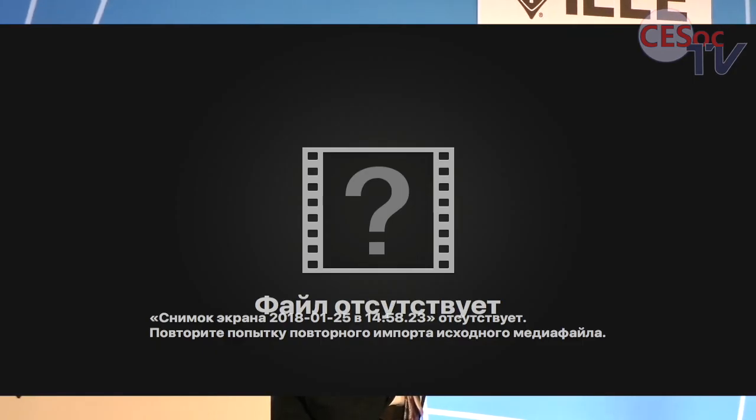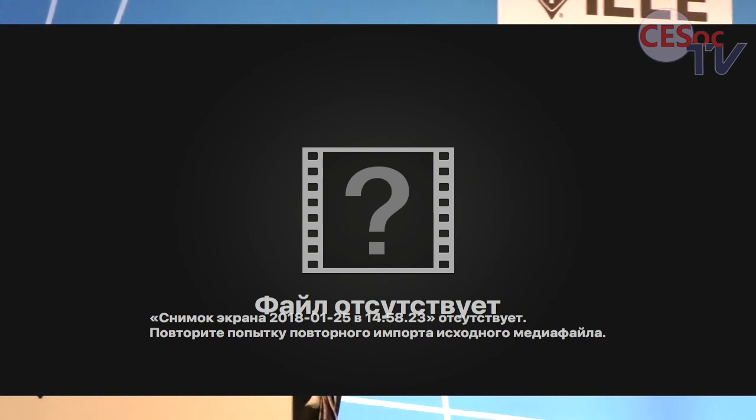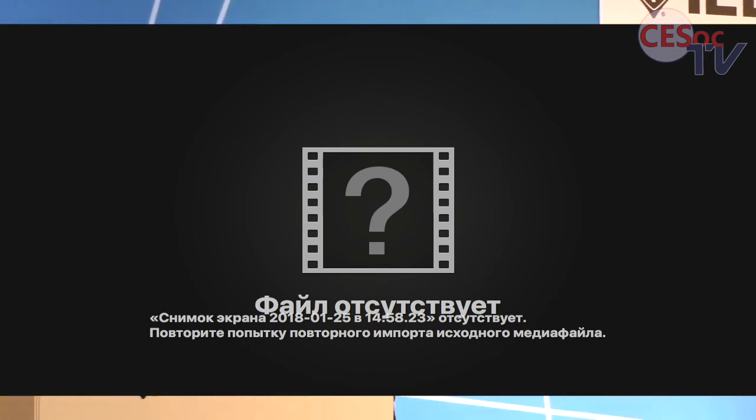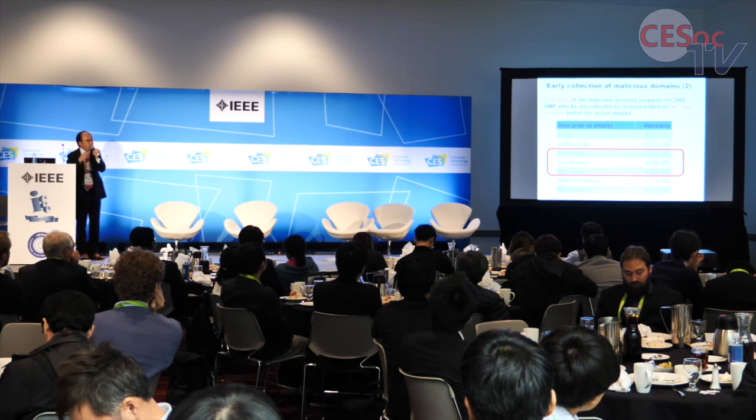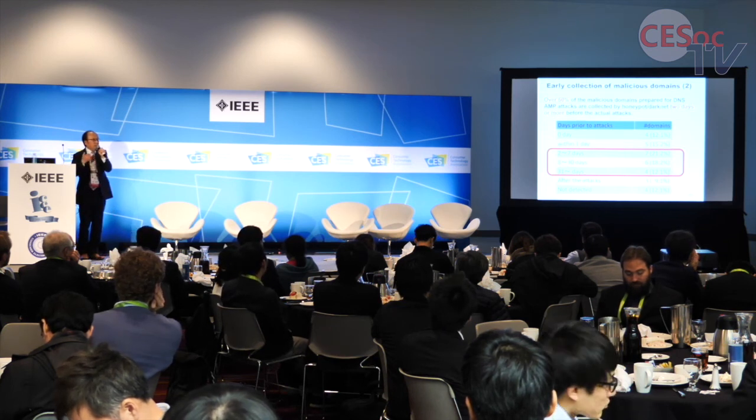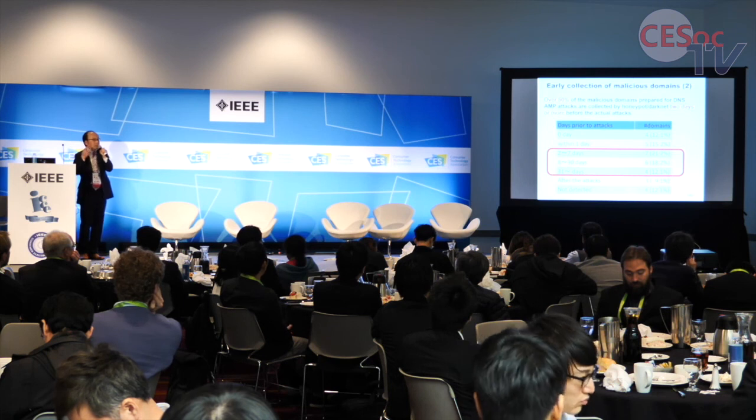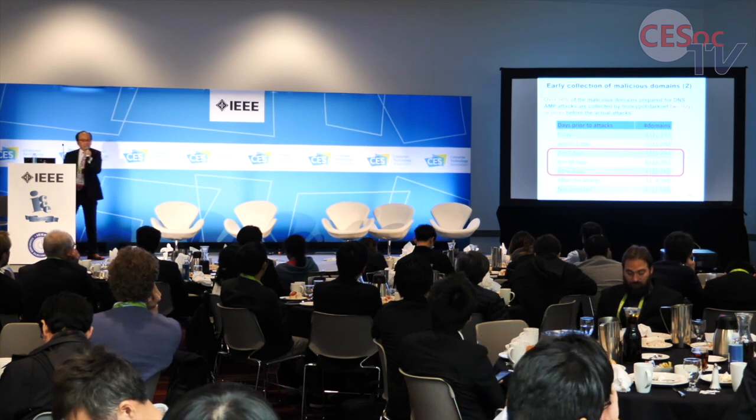This is the statistical data. Over 50% of malicious domains prepared for the DNS amplifier attack are collected by honeypot or darknet 2 days or more before the actual attack. Maybe using this kind of darknet or honeypot, an early alert mechanism can be utilized.